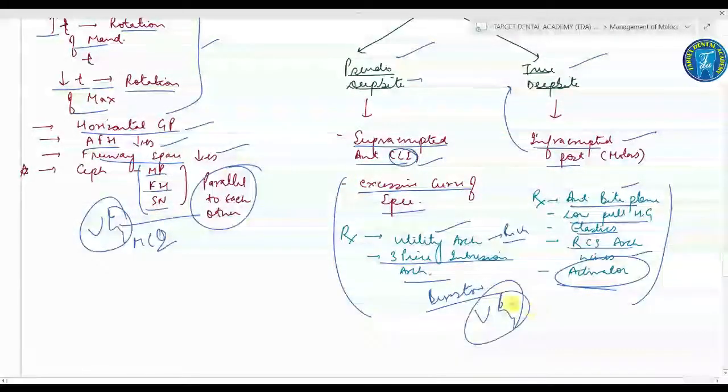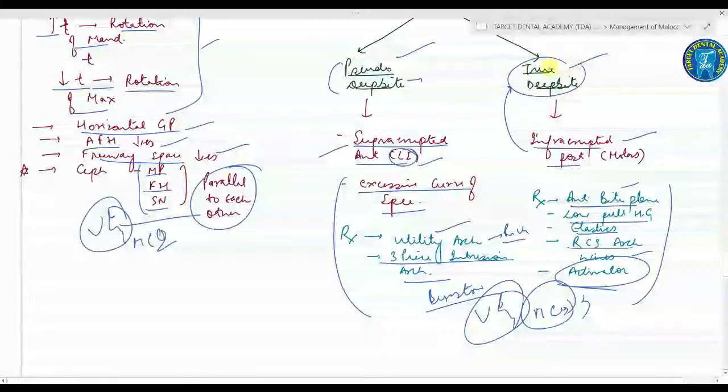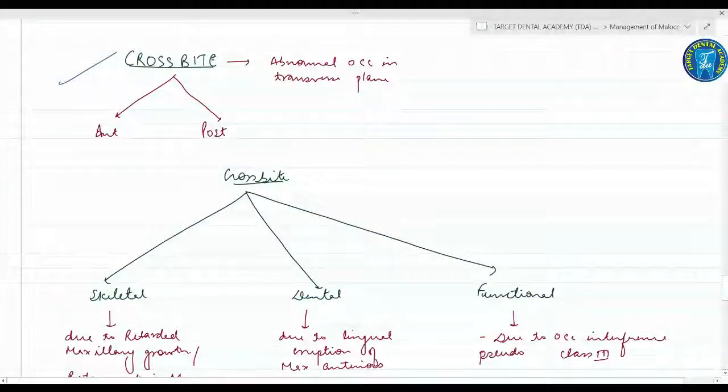Very important, commonly asked MCQs. The pseudo deep bite is due to the supra-eruption of anterior teeth, mostly the lower incisors, and the true deep bite is due to the infra-eruption of the posterior teeth, that is the molars. So after this, next is the cross bite.